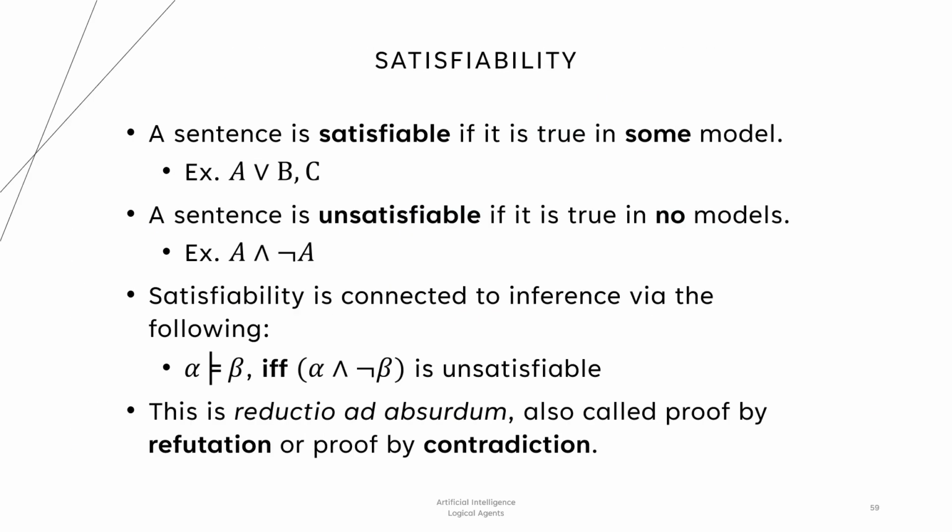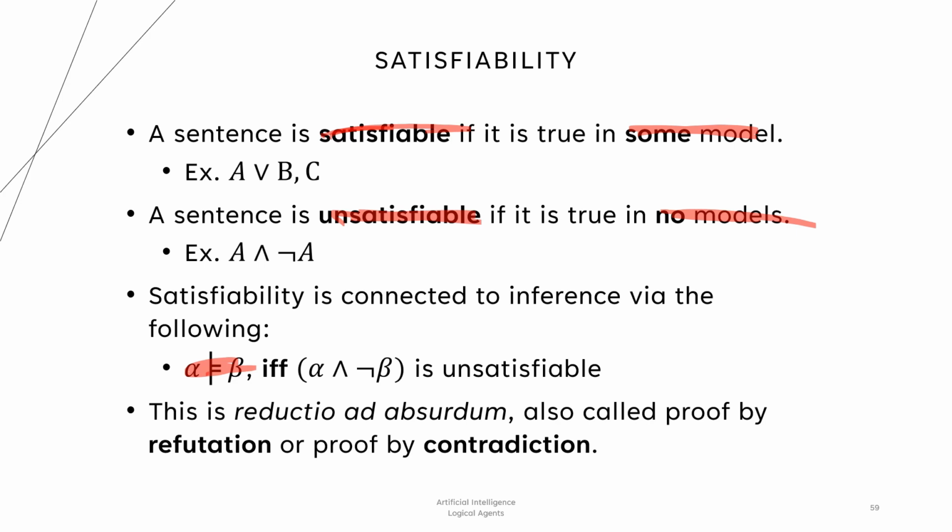So a sentence is satisfiable if it is true in some model, and a sentence is unsatisfiable if it is true in no models. So if there's any case where the sentence can be true, it's going to be satisfiable. Any case where the sentence will never be true, so if the sentence is never true, unsatisfiable. And we say that if alpha entails beta, then alpha conjoined with the negation of beta is unsatisfiable.